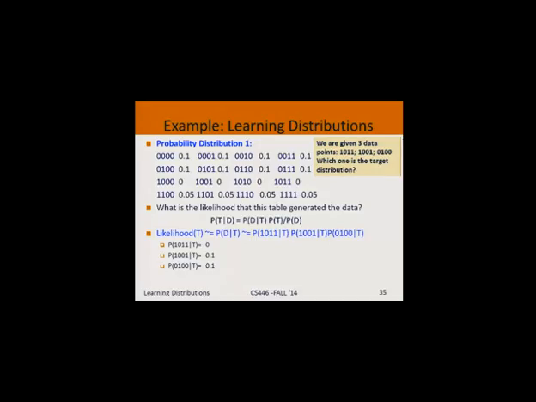So I'm just multiplying the probability that the tree gives to each one of these data points. One of them is 0, as you noticed, and therefore this table does not generate this data. So the probability of the data given this table is 0.